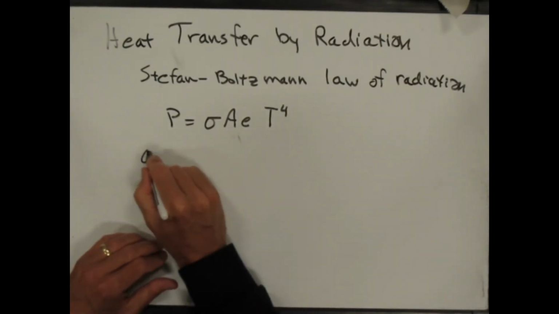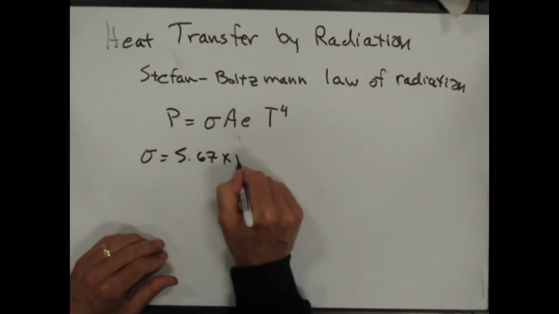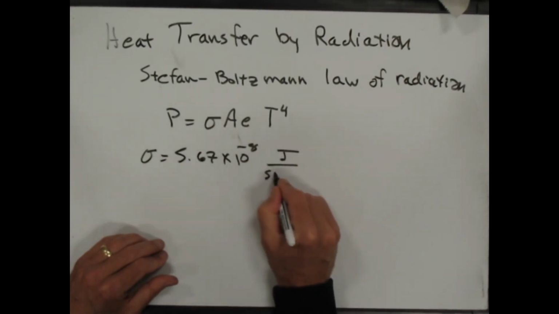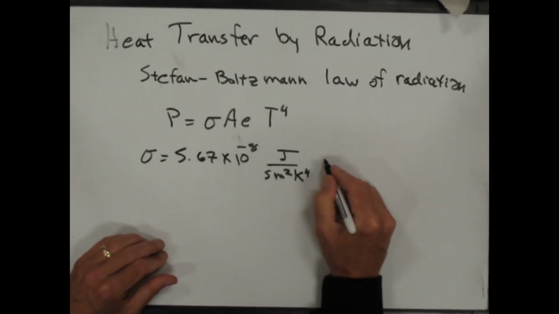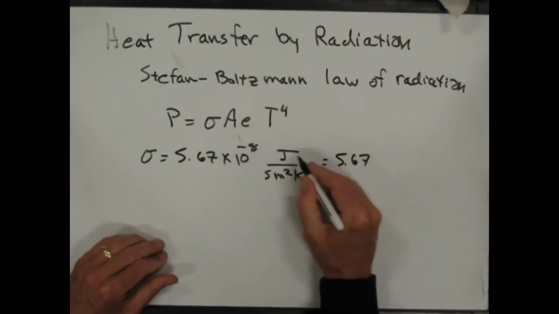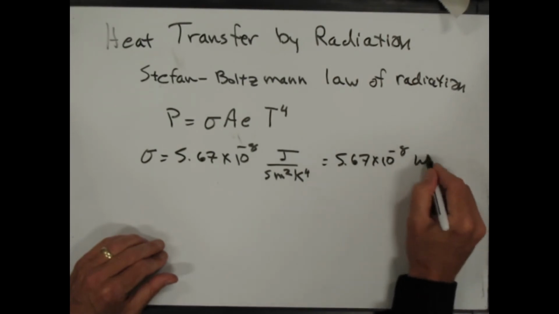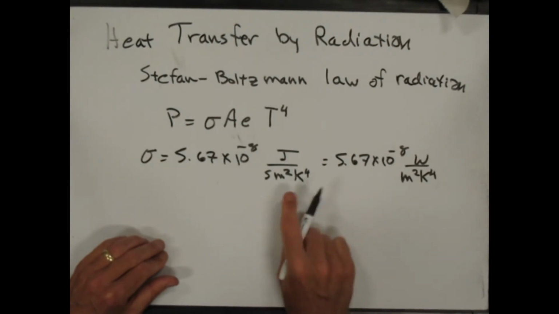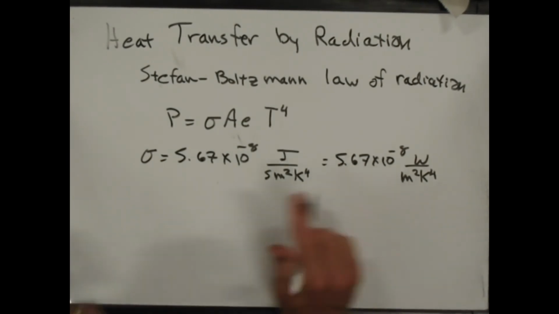And so sigma is 5.67 times 10 to the minus 8th joules per second meter squared Kelvin to the fourth. Or you can sometimes write it as 5.67, you can combine the joules per second to watts, times 10 to the minus 8th watts per meter squared Kelvin to the fourth. It's just a constant, like the gravitational constant G and so on.